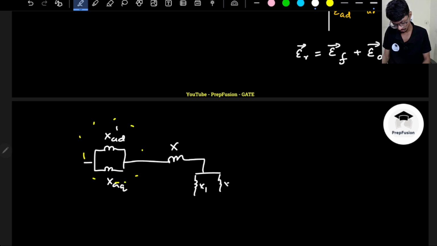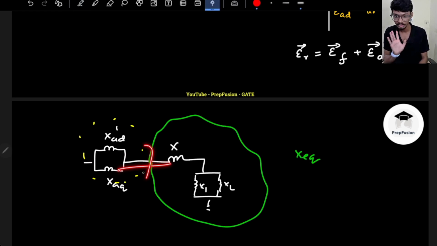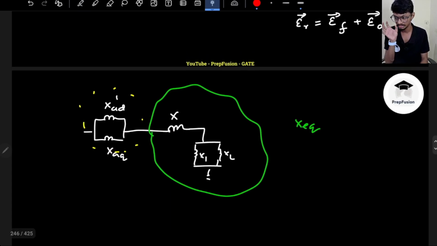Or let's say I have more reactances here, X1, X2, then they are parallel, right? So what you do is you find the equivalent reactance on the right hand side of this salient pole rotor.